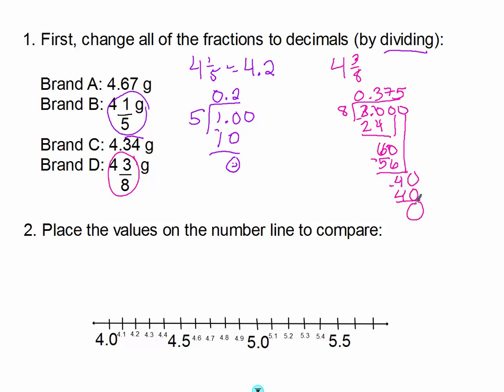And there it is. There's my happy 0. I'm done dividing. So 4 3/8 is 4.375.